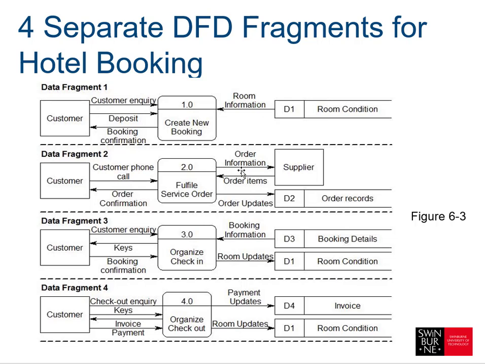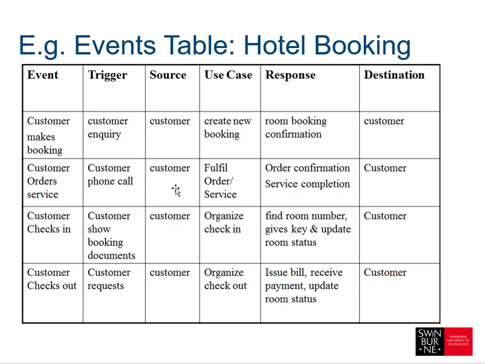But at the same time we are sending this order information to our supplier, right? And then the supplier sends you an invoice or something, or we can call it order items. Details come in. So that is the second fragment. In this second fragment, the supplier is not shown, right? That is the extra information that I have shown in the fragment.